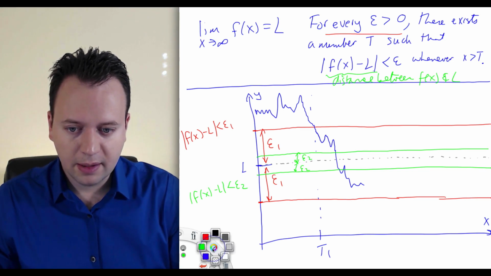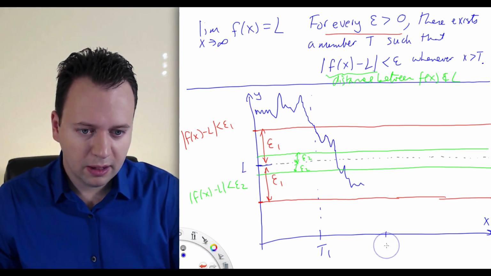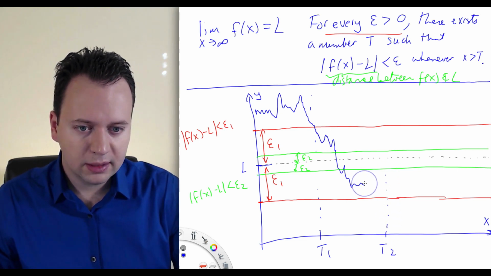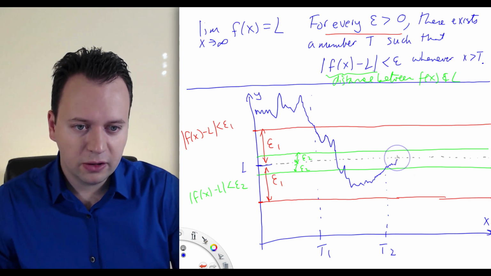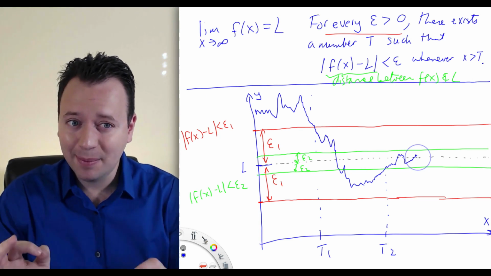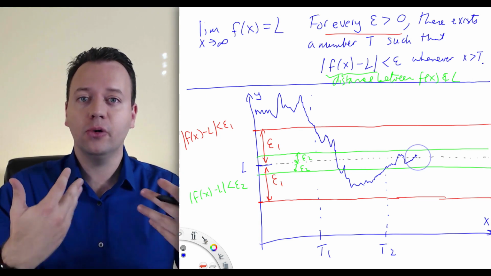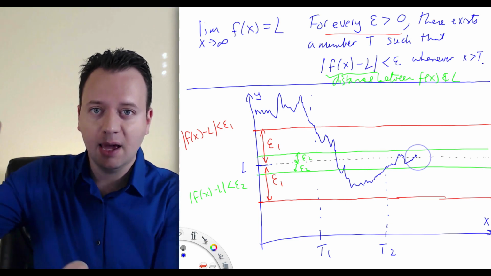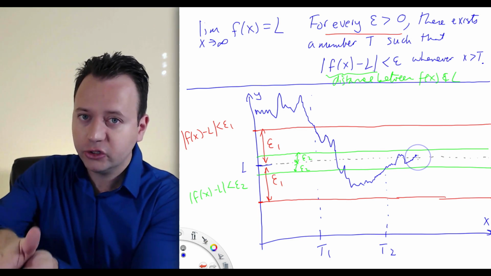So there's going to be some point maybe here, t2, such that once the x values are larger than t2, the y values will always be in this smaller tube. You'll never escape the smaller tube. Now this is true for any epsilon. There's always some point at which you'll never escape the tube that's that close to L.